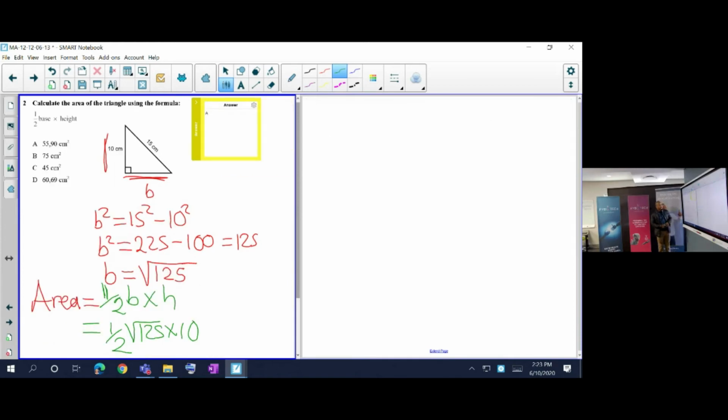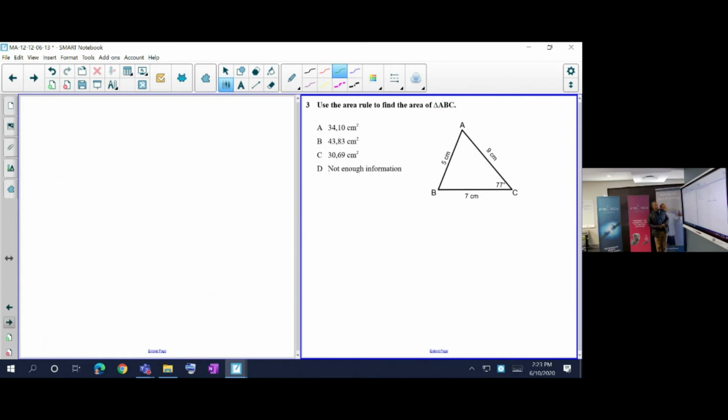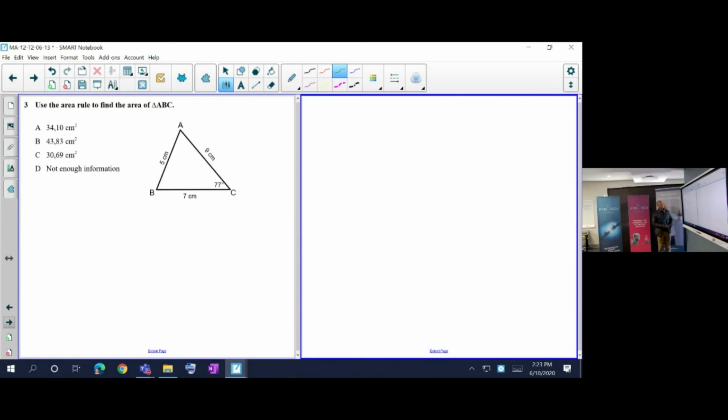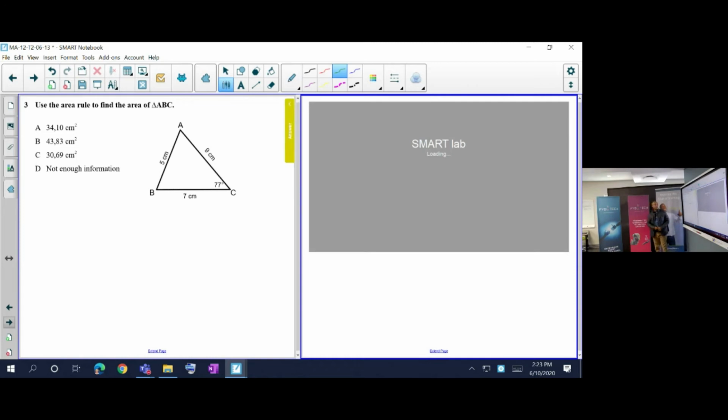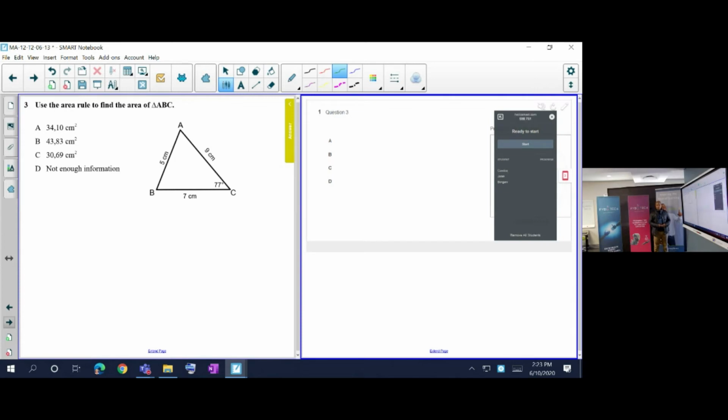Let's check the next question that is also relying on the principle of area and the sine rule. So while it's opening up on your gadget, again, we'll be looking at the area of a triangle.